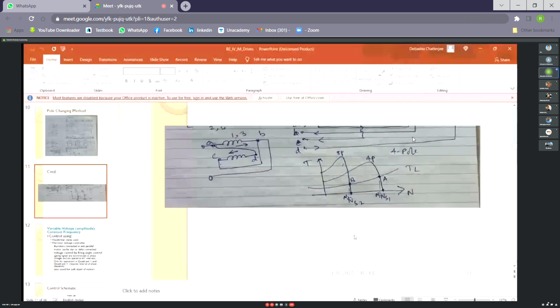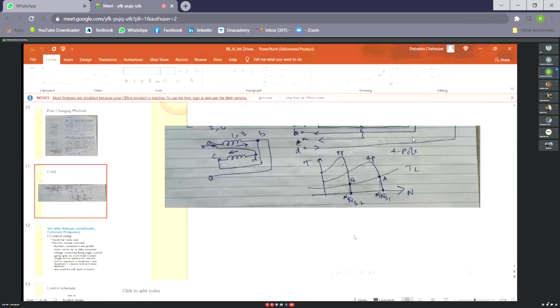Nowadays this method is not used, with the advent of power electronics, high-speed control technology, and processors with high computational abilities. This method has become almost obsolete because we can do it very smoothly with other techniques.